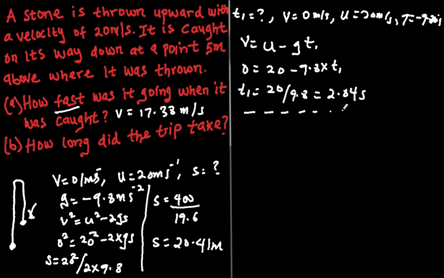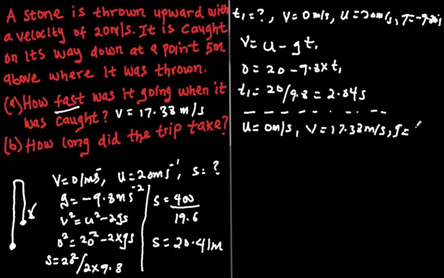Now let's look for the time it takes for the stone to come downward till it was caught. Coming downward, we know fully well that when an object is coming downward, it must be coming from rest because it's going to stop momentarily. So U is going to equal 0 meters per second in this case because it's coming downward from rest. Then we calculated our V to be equal to 17.38 meters per second. Then our G is going to be positive now because it is along gravity.